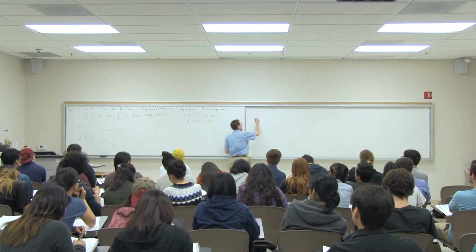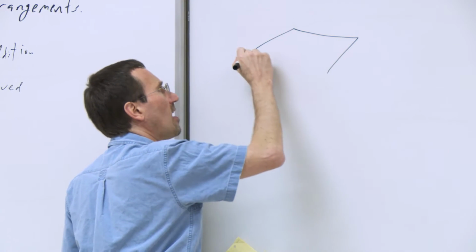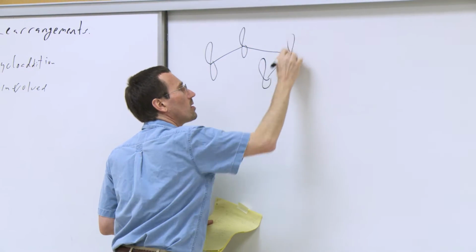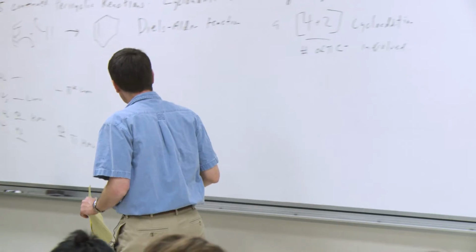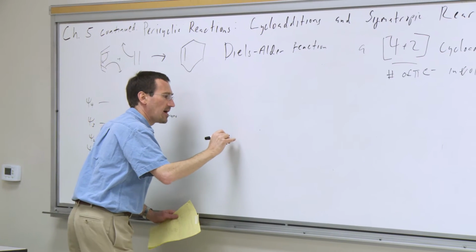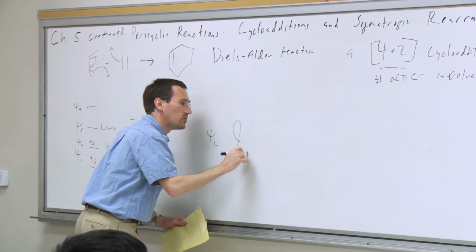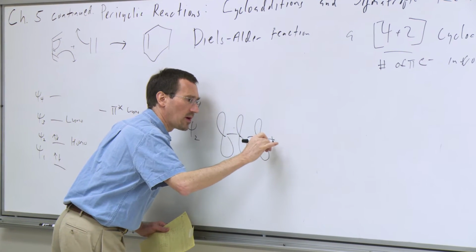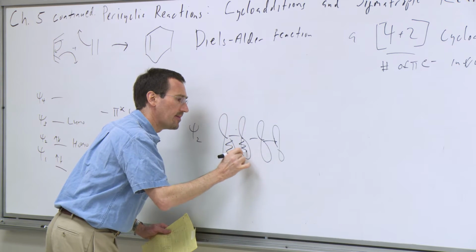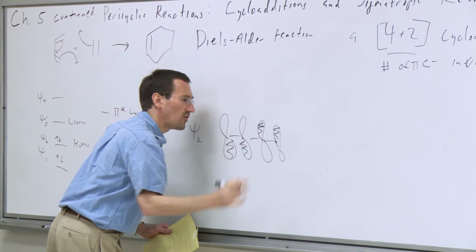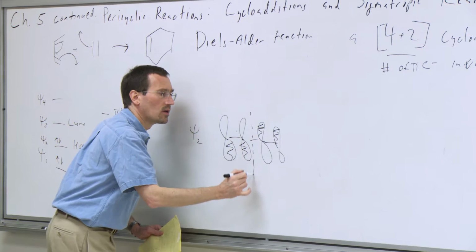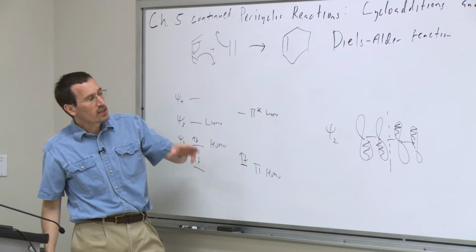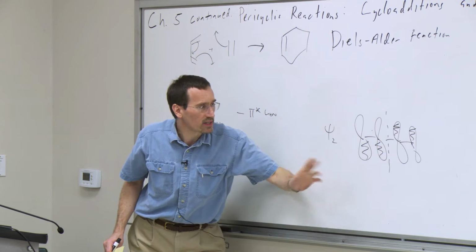So if I, for example, take the HOMO of butadiene, psi 2 of butadiene, the linear combination of atomic orbitals that we use when we make up psi 2, we use the 4 p orbitals and we combine them in such a fashion that we have one node in the plane here, orthogonal to the olefin, orthogonal to the diene.